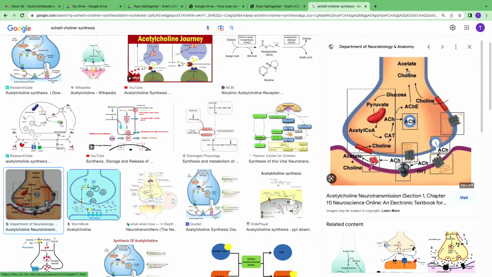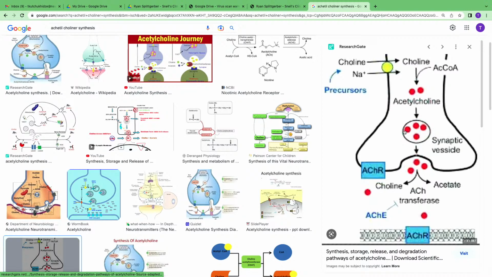So in the preganglionic neuron, the axon and cell body synthesize our acetylcholine from acetate plus choline, and we get acetylcholine, and then it is packed in our vesicles like here, as you see.